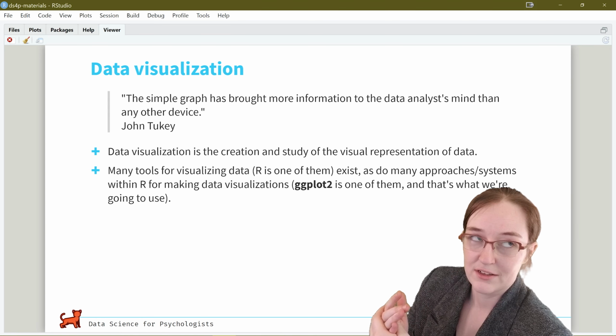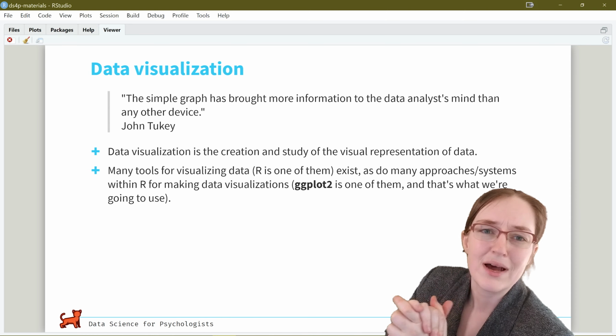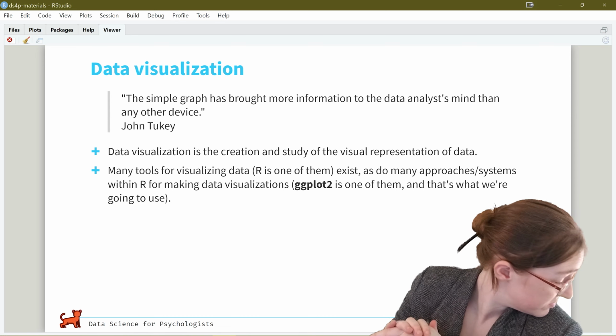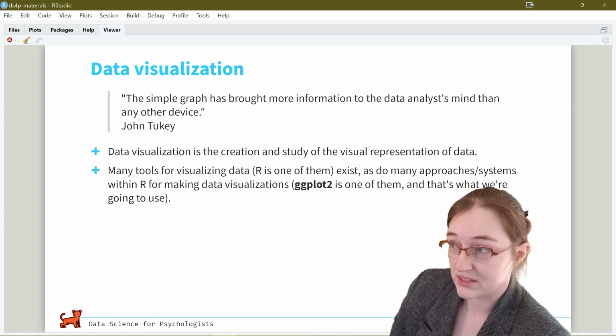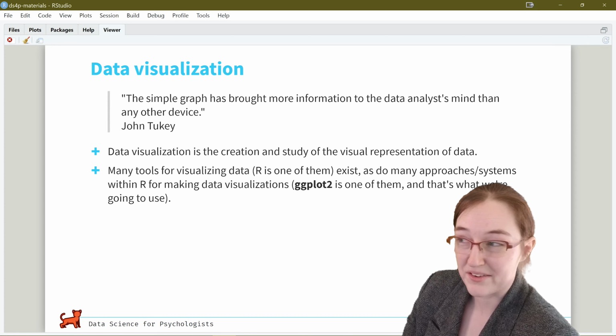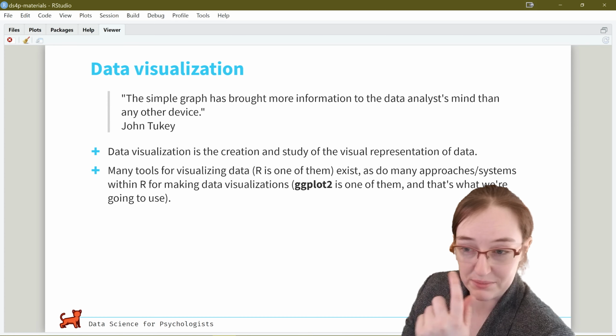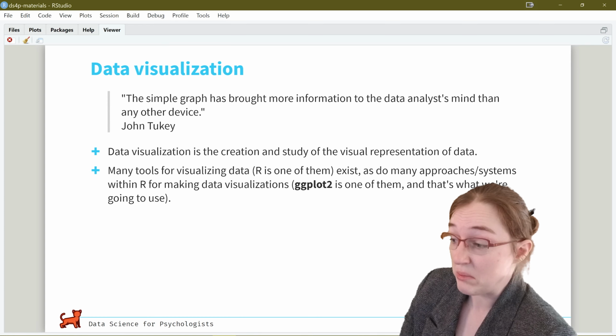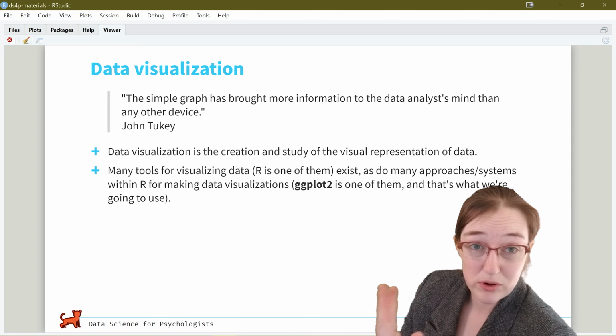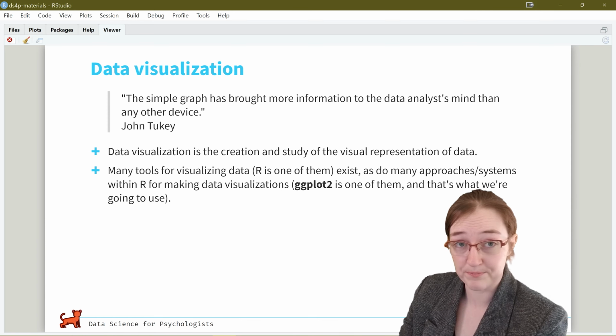So, we're going to focus primarily on ggplot, and I've got a whole lecture on ggplot coming up, but I encourage you to explore other options within R.